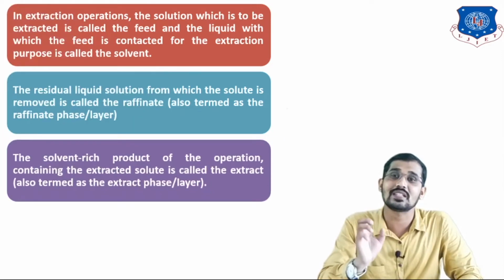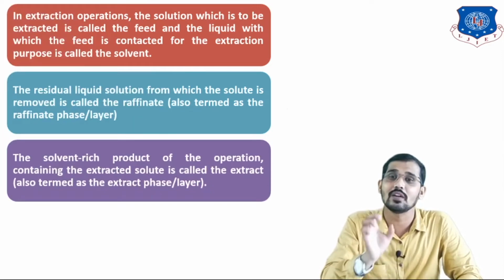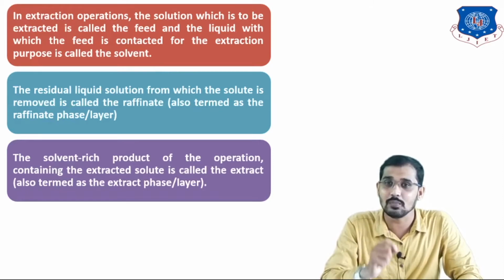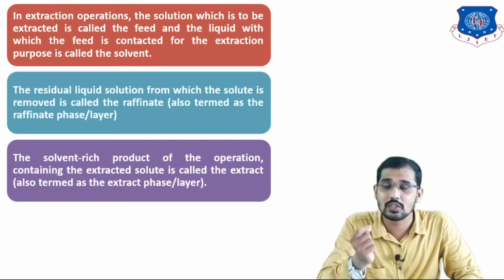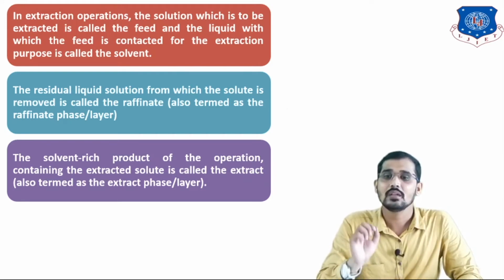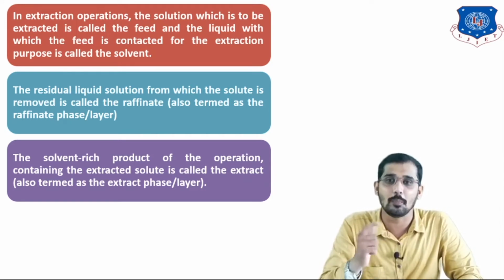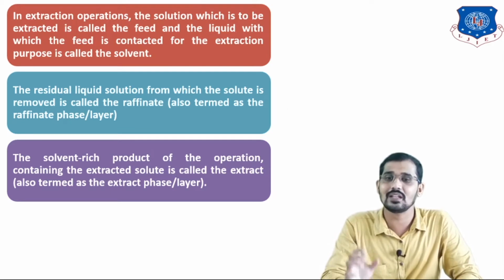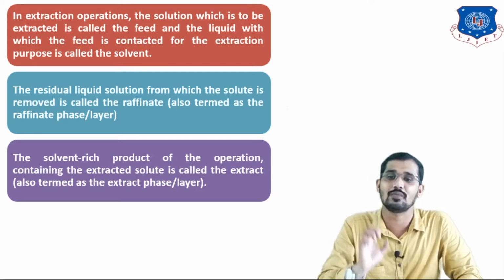Now we will see the extract phase. This is your required stream. Means in this stream you will get your required solute, which we have extracted from the solid or liquid. The solvent-rich product of the operation containing the extracted solute is called the extract phase.